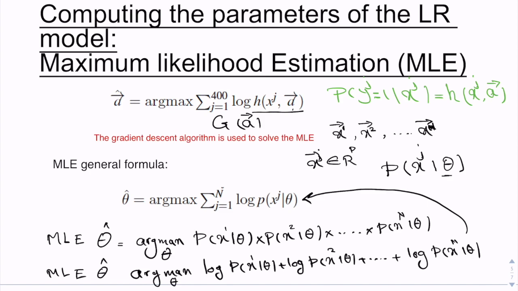But unfortunately, for many optimization problems, we cannot take the derivative of those functions. It's very complex. Fortunately, there is a very simple and effective method called the gradient descent algorithm that is used to solve this type of problem.